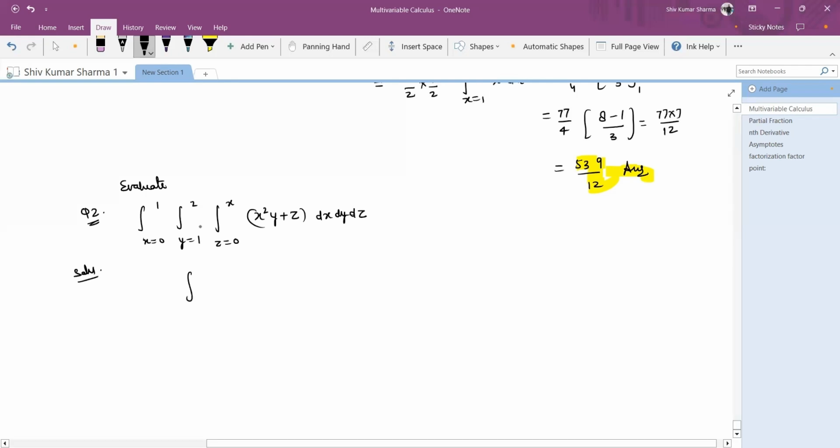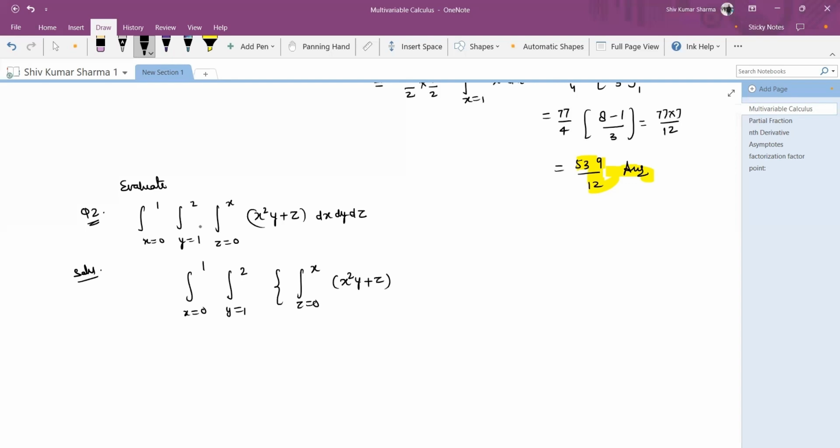So now we solve this by taking limit as x equal to 0 to 1, y equal to 1 to 2. Then we integrate first with respect to z. So x square into y plus z. So here plus sign is given.